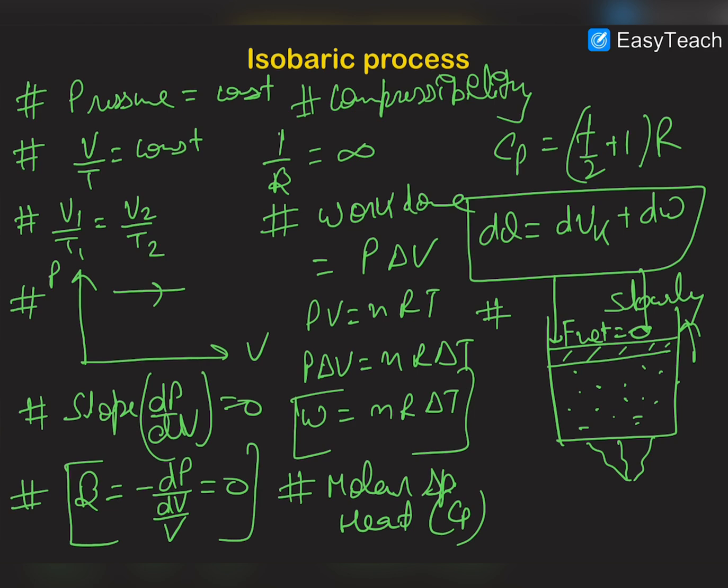We can also find out the gamma for isobaric process. This gamma is not Cp by Cv, this is delta V by V delta T, which is the volumetric expansion coefficient.